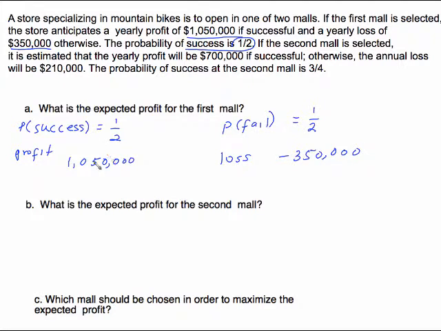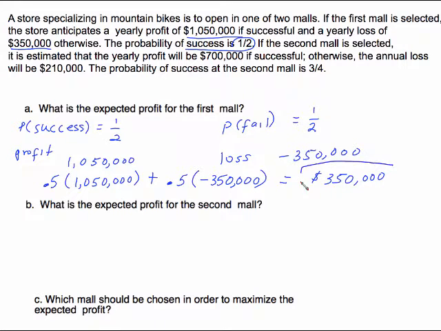So to figure the expected value, I need to do the probability of success times the profit that goes with that success plus the probability of failure times the loss, that's why it's negative, it's a loss, that goes along with that failure. And that arithmetic comes out to be $350,000. On the average, if he chooses Mall 1, he can expect to earn $350,000 for the year.